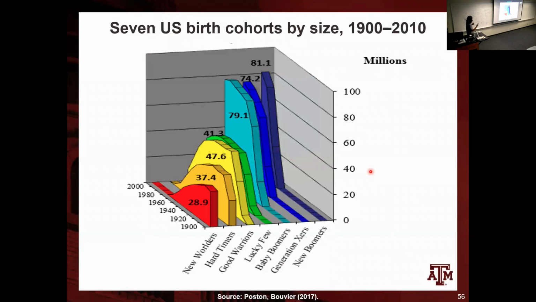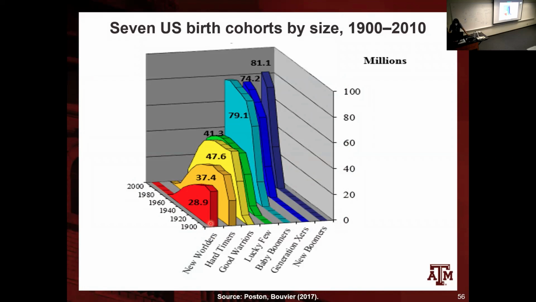This is a graph that also summarizes the same trends, showing the 7 US cohorts by size from the year that they were born, in the 1900s until 2010. New Worlders were born farther away in time, and the new boomers more recently. And this is the overall size of the population.